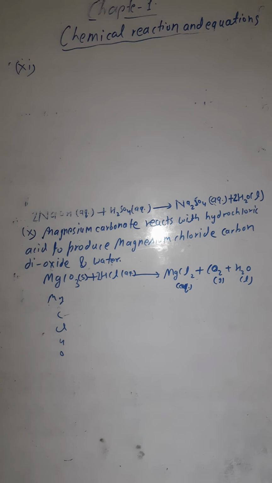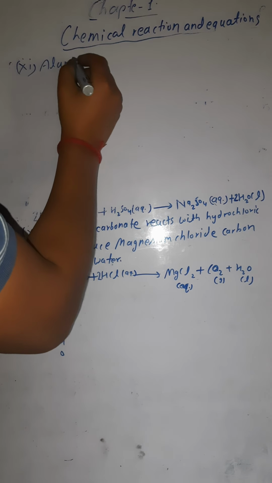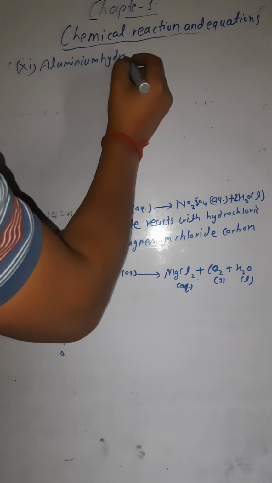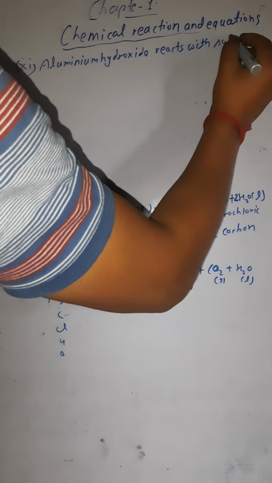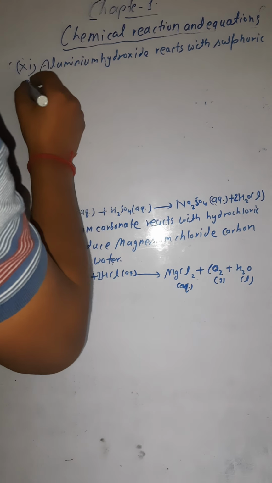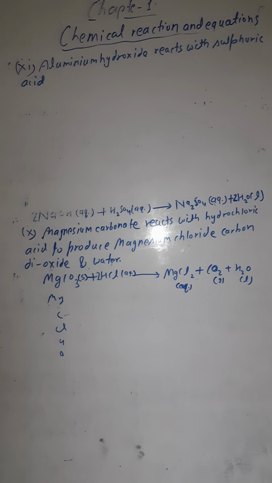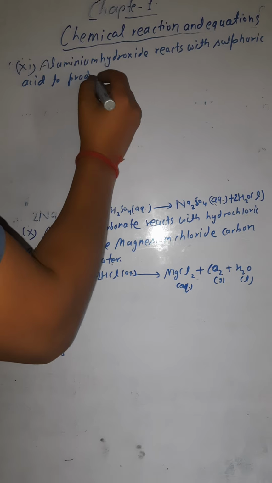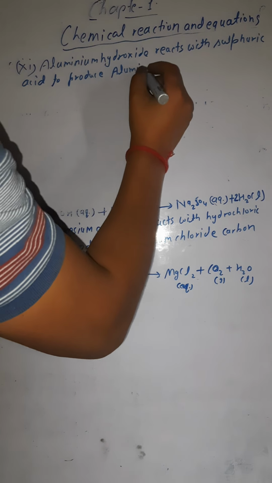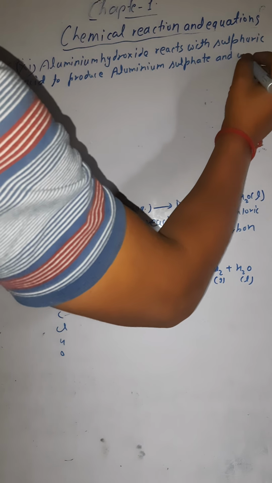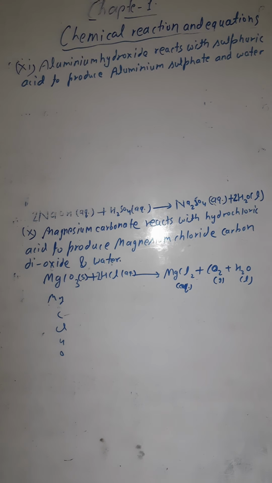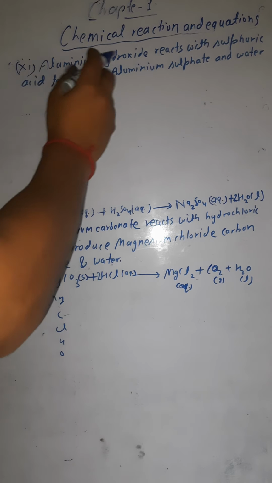Aluminium hydroxide reacts with sulfuric acid to produce aluminium sulfate and water.